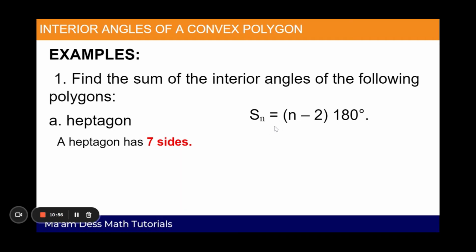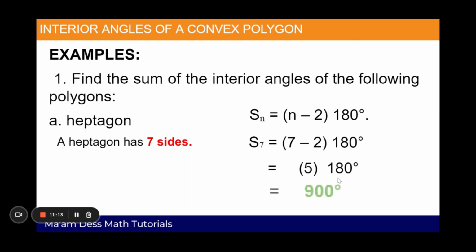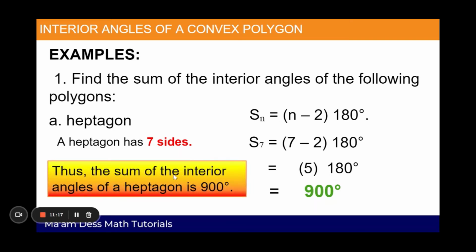So S of n is equal to the quantity of n minus 2 times 180 degrees. So substitute n by 7. So it becomes the quantity of 7 minus 2 times 180 degrees. So we have 5 times 180 degrees, the answer is 900 degrees. So the sum of the interior angles of a heptagon is 900 degrees.